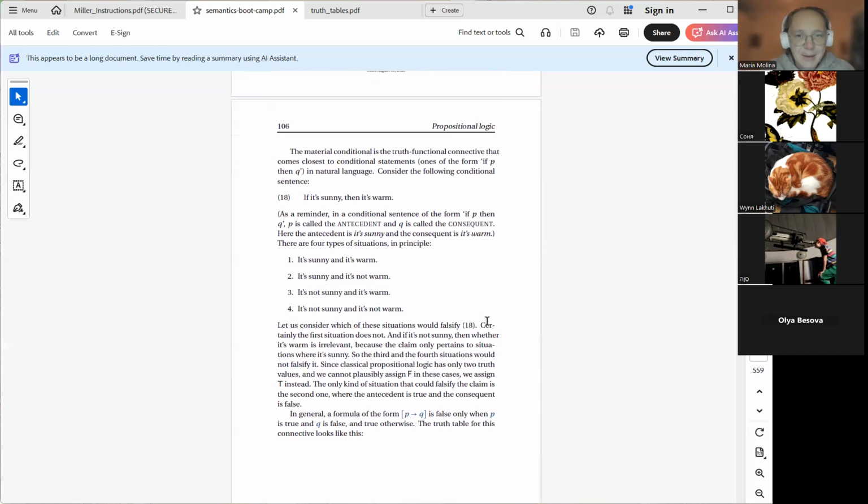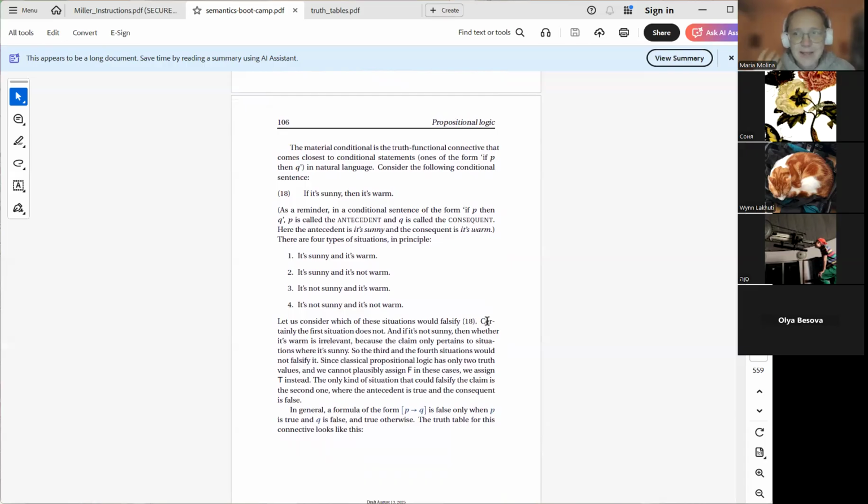Right. And as we have negation, then we have: it's sunny and it's warm. It's sunny and it's not warm. It's not sunny and it's warm. It's not sunny and it's not warm. Okay?